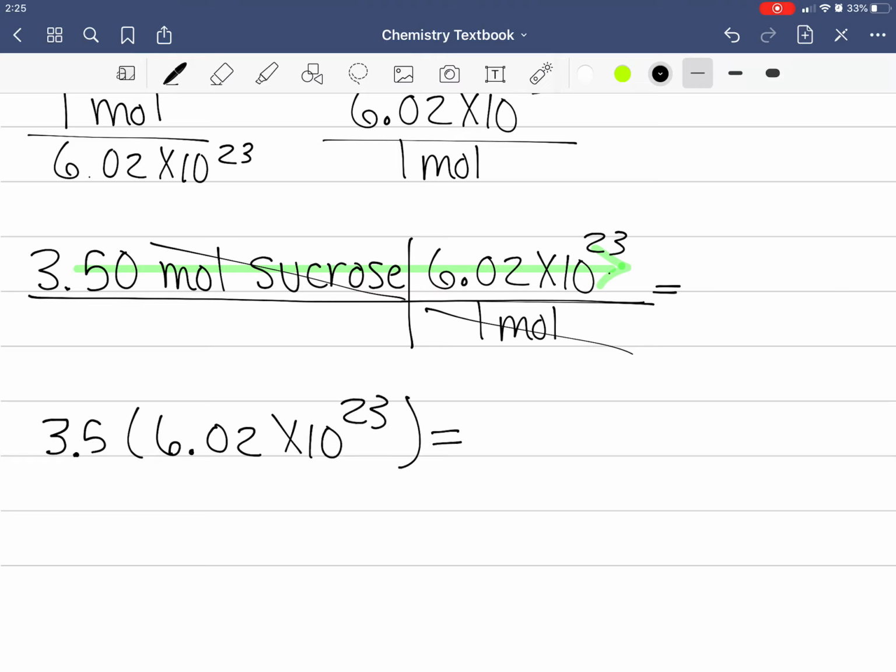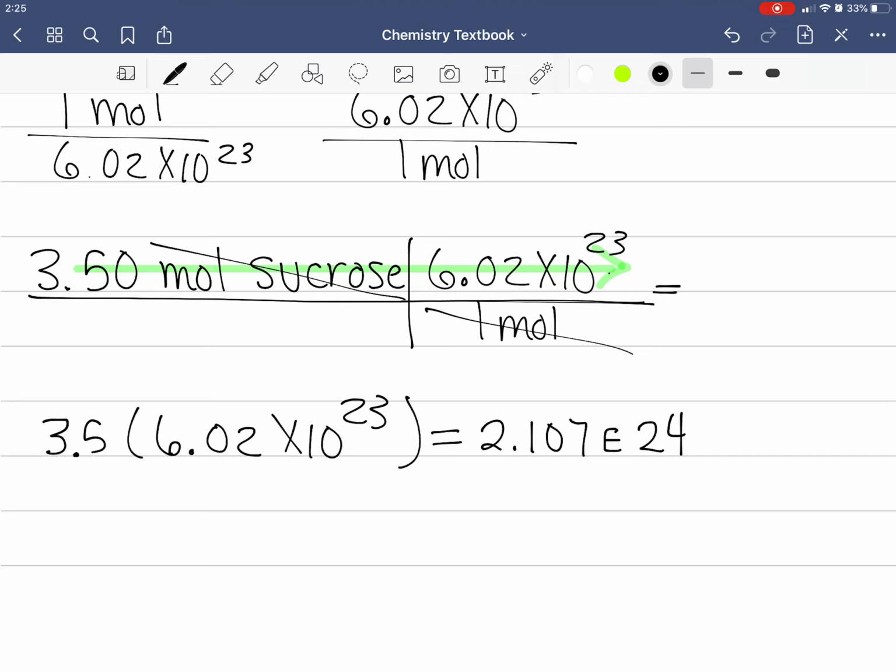Okay, and when you type it in the calculator, it's going to give you a number that looks like this: 2.107, and then it has an E, 24.